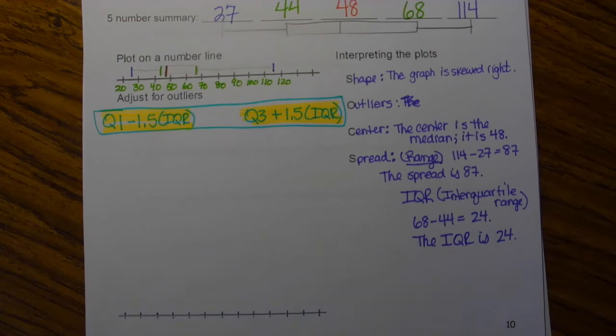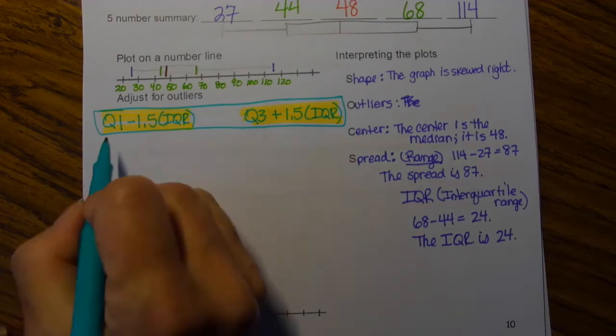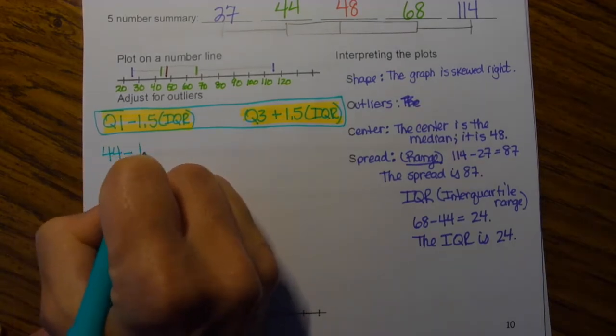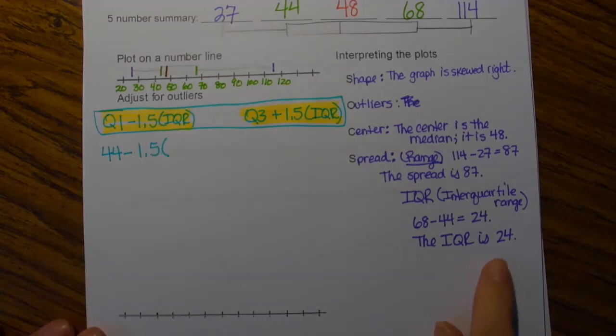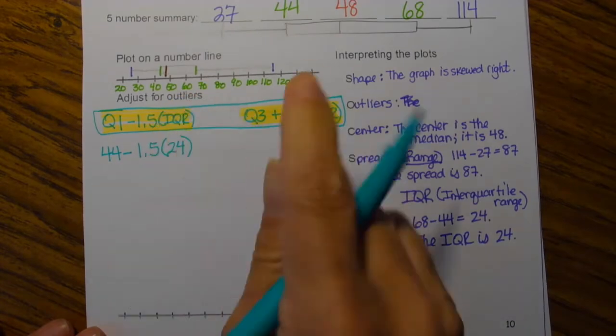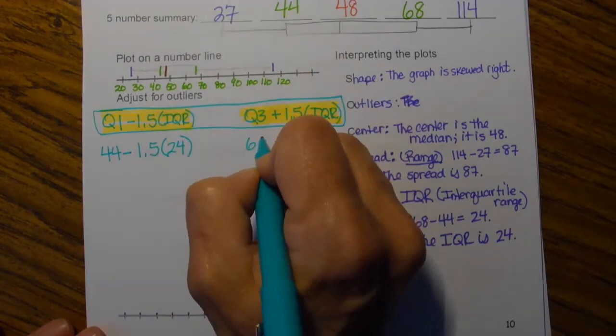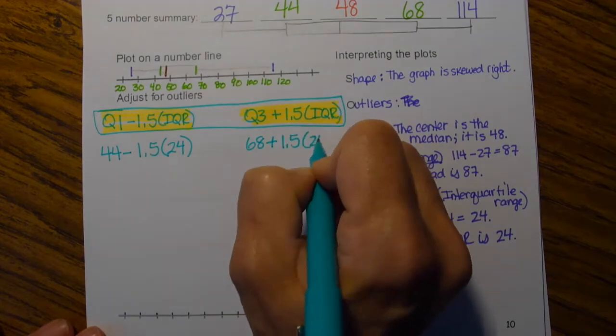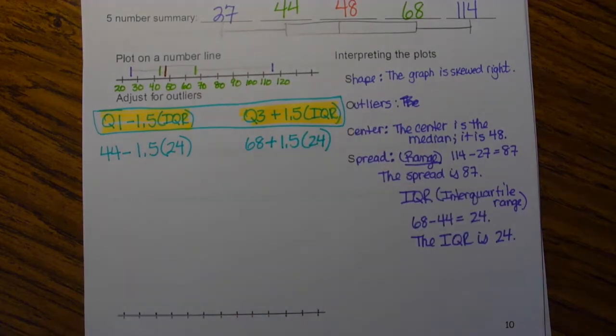So let's see if this data has an outlier. We'll take Q1, which is 44, minus 1.5 times the IQR, which we calculated to be 24. Then here we'll take Q3 plus 1.5 times the IQR. So key those in, you can use a calculator, and let's see what our numbers are.